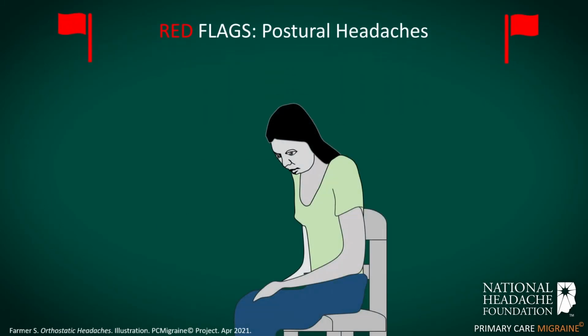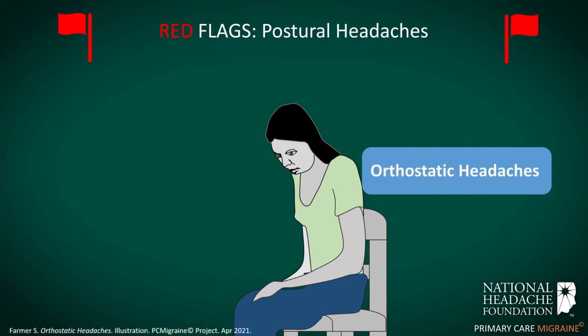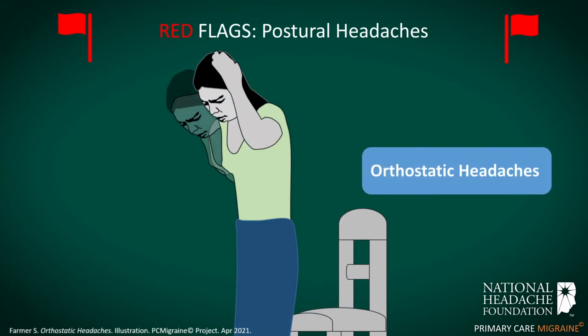The red flag in this case is the positional component to her headaches. These are called orthostatic headaches, which are headaches that are worse standing and improve lying down. Generally, lying down will either take the pain away completely or nearly completely. Other symptoms of orthostatic headaches are headaches that worsen throughout the day with more upright time.